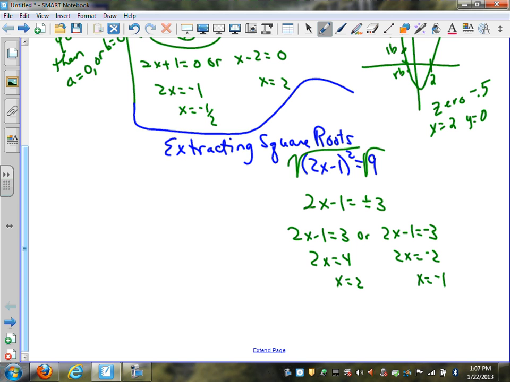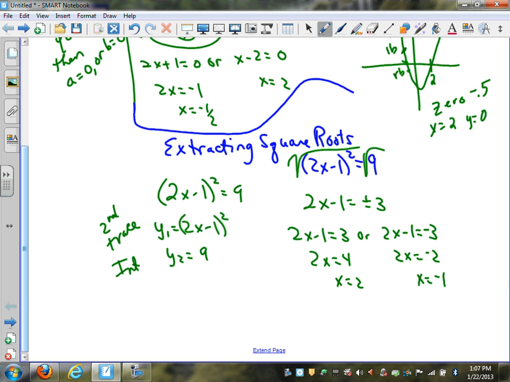Now how would you do this on your graphing calculator? You could graph under y sub 1 this part, which is a parabola, and under y sub 2 you could graph 9. Then go to second trace, which is under calc again, and go to intersect, and find where the line intersects the parabola.